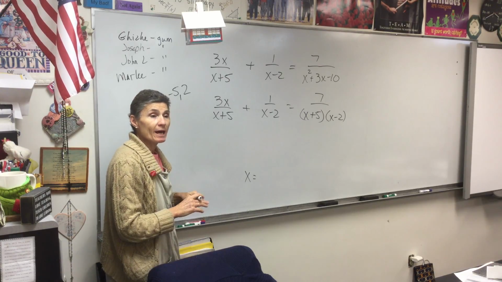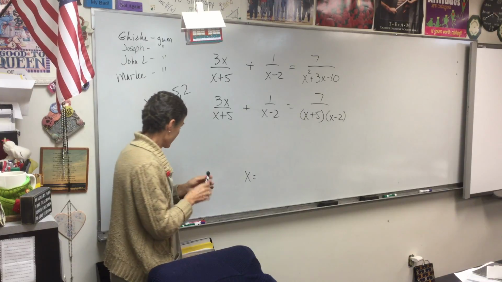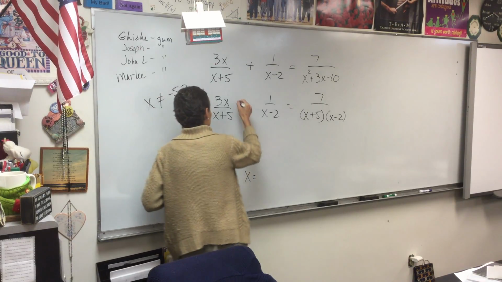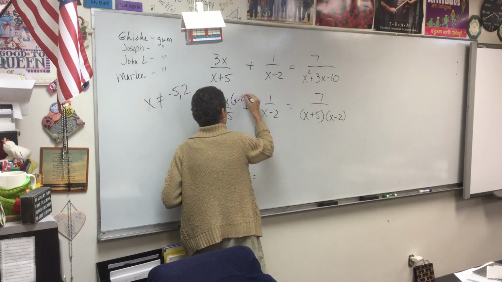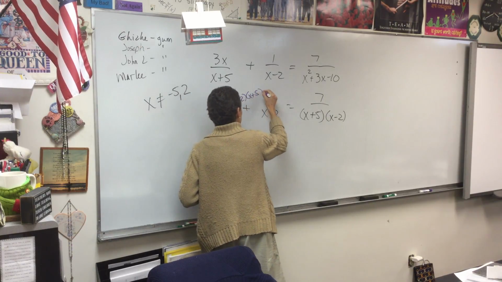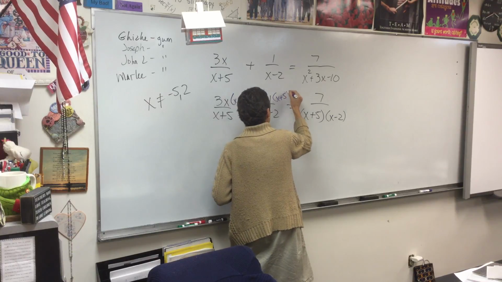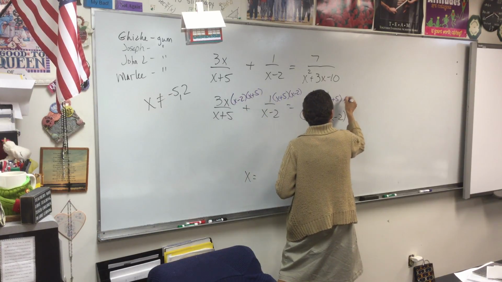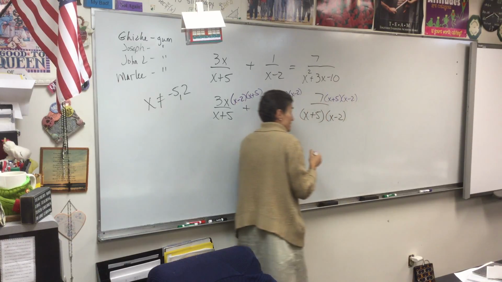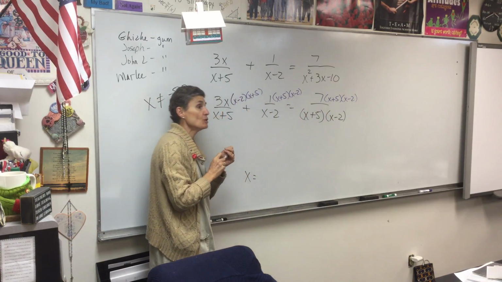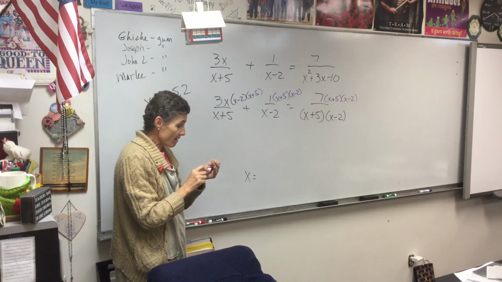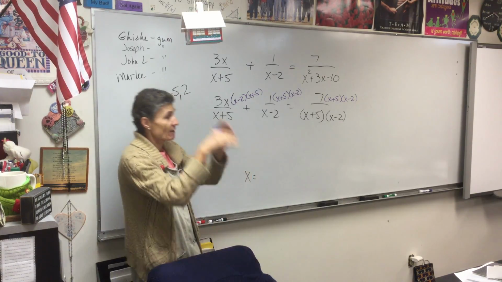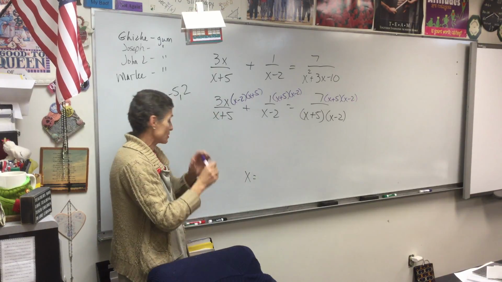Now, what do we do next? Multiply everything by x plus 5 and x minus 2. So I'm going to multiply everything by x plus 5 and x minus 2. Now notice, I write that down in the numerators of every fraction. x plus 5, x minus 2, x plus 5, x minus 2, x plus 5, x minus 2.